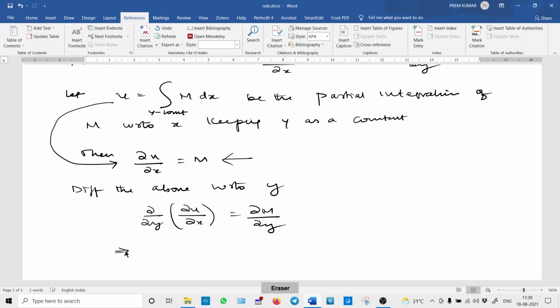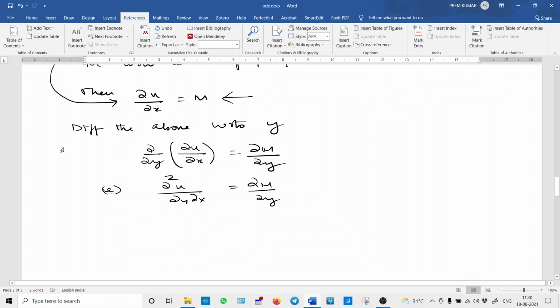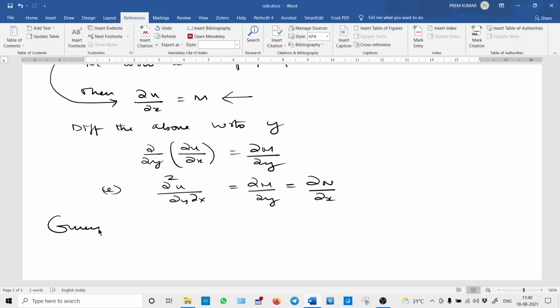That is ∂²u/∂y∂x equals ∂M/∂y. But what is the assumption we made in the second part? ∂M/∂y is the same as what? ∂N/∂x. Therefore, ∂²u/∂y∂x is the same as what? ∂²u/∂x∂y, which is equal to ∂/∂x of ∂u/∂y.